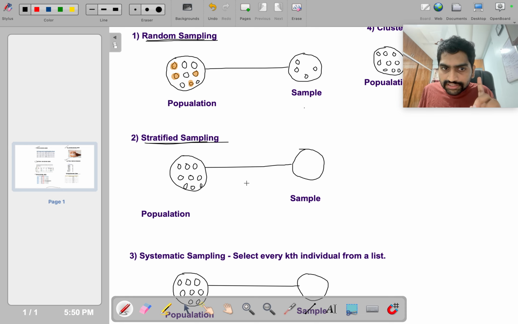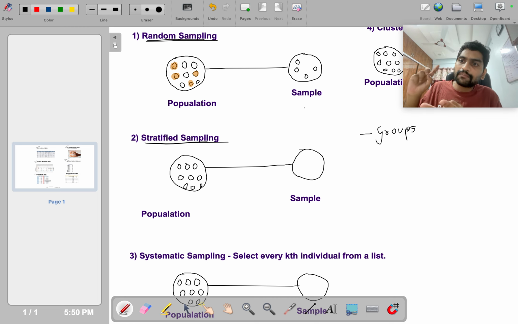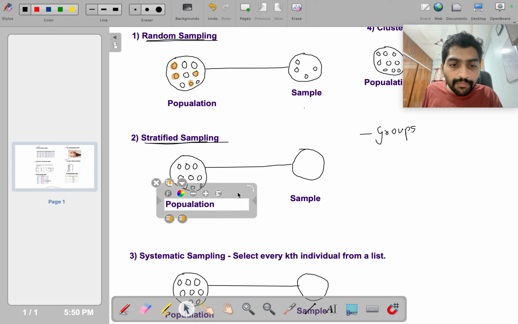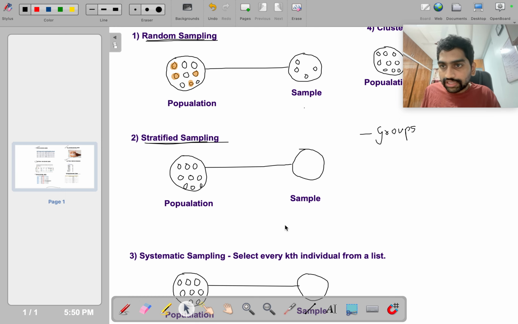The first step is to divide the population into groups based on similarities. We have different parameters for it, like the area, the closeness of the area, or the education level of people. Let's say this is the entire students population. We will split the population into three different groups based on their education.